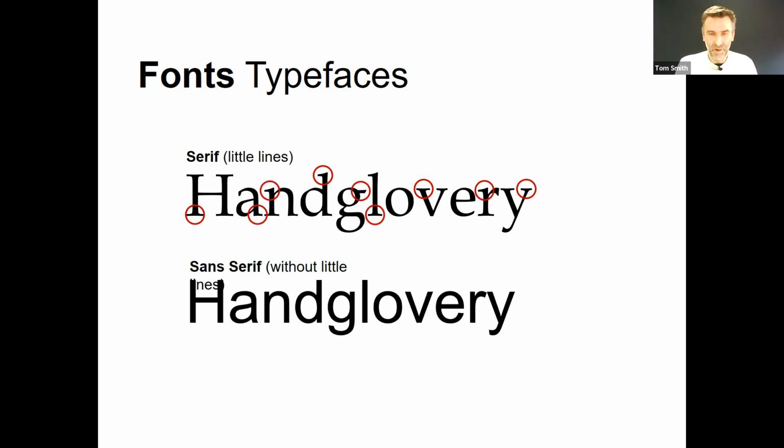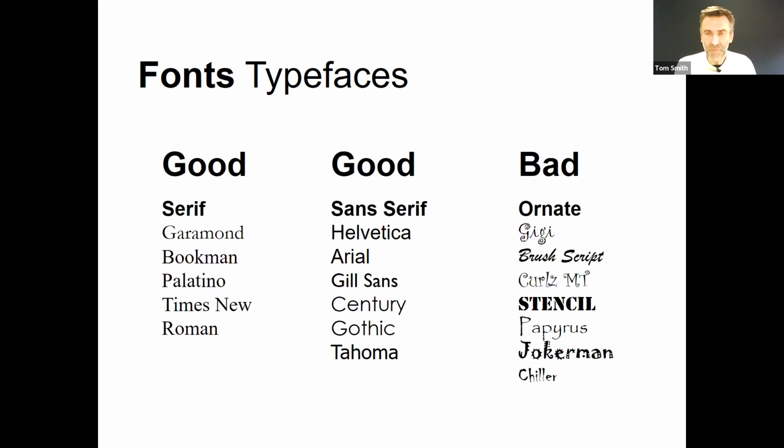So moving on from that, I've got some different types of fonts here: serif fonts, sans serif fonts, and then really a bad font is one that's very, very ornate, which most of the time people avoid anyway. I still get surprised every now and then. I have seen a formal report written in Jokerman, which surprised me.